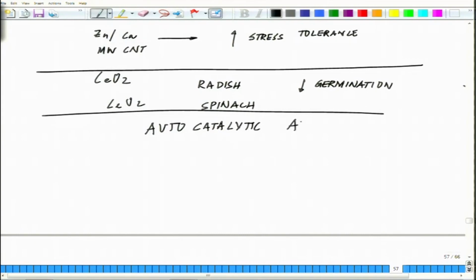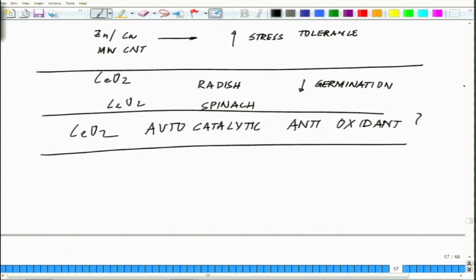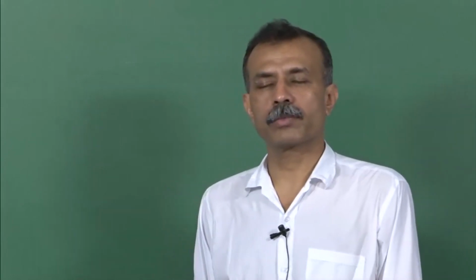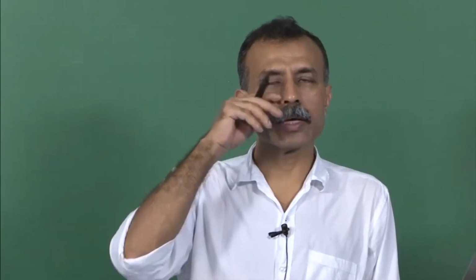Autocatalytic antioxidant, and this is what cerium is all about. Cerium has been used readily in biomedical research, especially in spinal cord injury. In retinal degeneration, the degeneration of the photoreceptor could be retarded by supplementing the retina with cerium oxide.